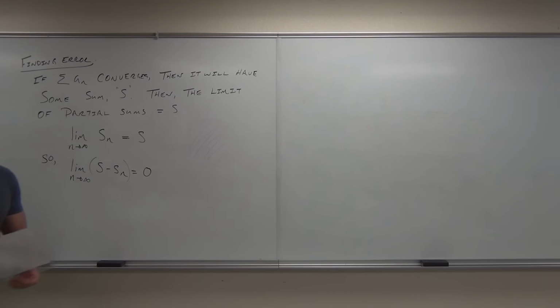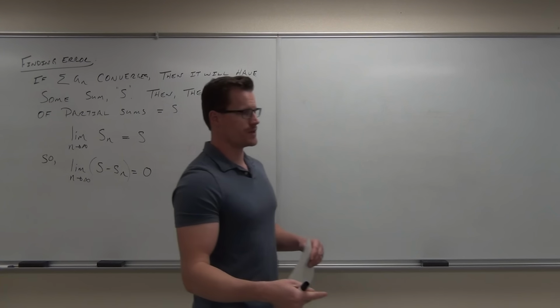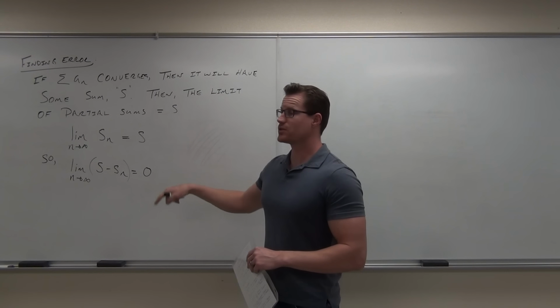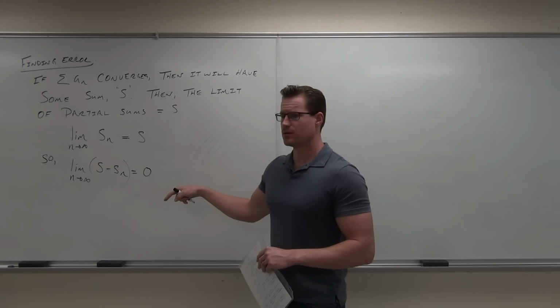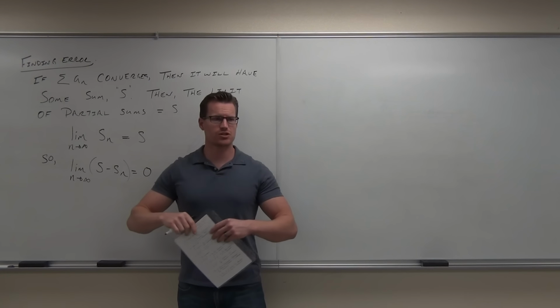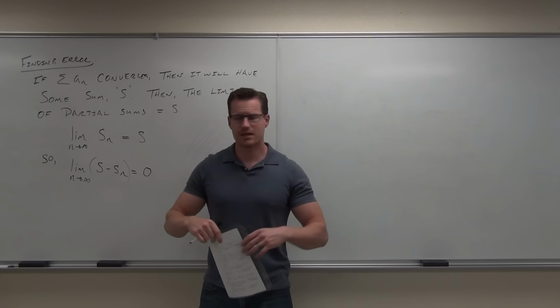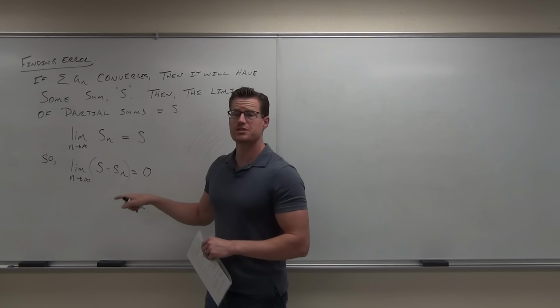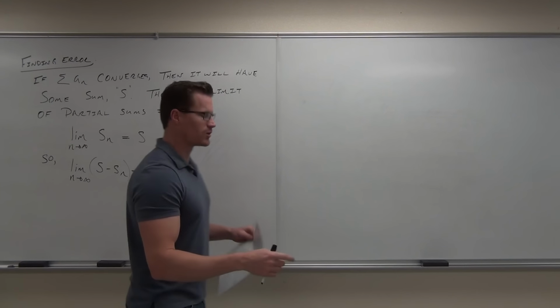Now, I made a statement as n approaches infinity. So what would happen if n doesn't get to infinity? If we don't actually get to infinity, is this still going to be 0? No, there will be some error. Let me write that down for you so you have a little bit of note.